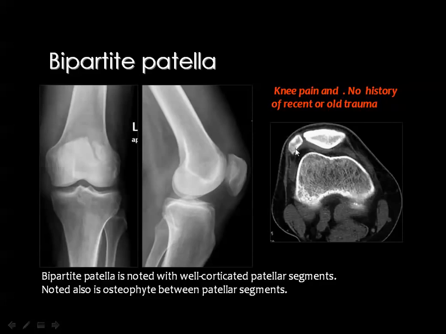Then this part is additional and is separated from the patella itself by a well-defined cortex. There is no history of trauma, and there are no signs of trauma, meaning that there is no soft tissue contusion or bone marrow edema or hemorrhage like in cases of traumatic fracture of the patella.